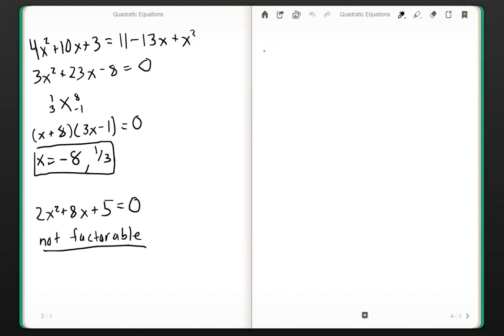But now let's go back to something that is factorable. This is going to be a long one. A long equation. We'll throw in some fractions there.